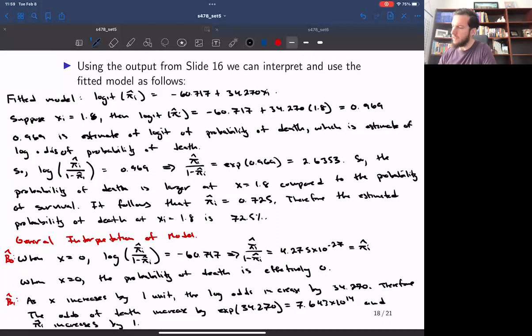So, for example, this here is saying that the odds are 2.653 to 1 in terms of death. That's like saying across a set number of trials, you would expect 2.653 deaths to every 1 survival, essentially.